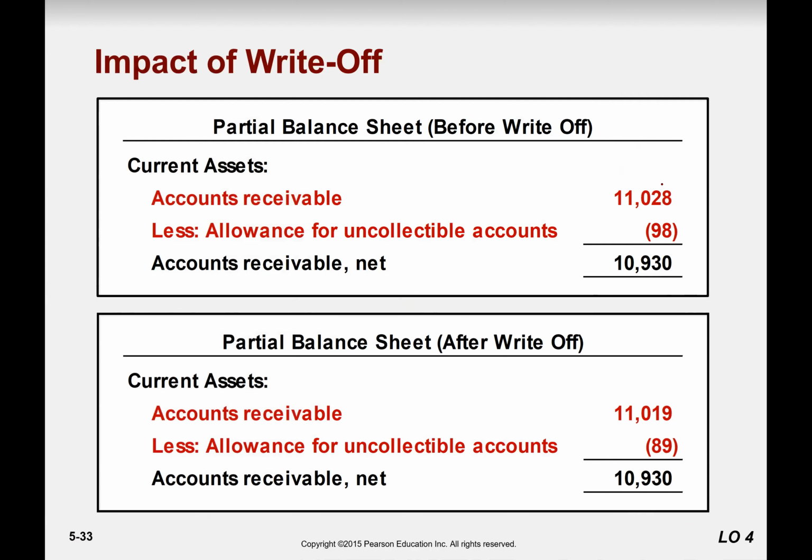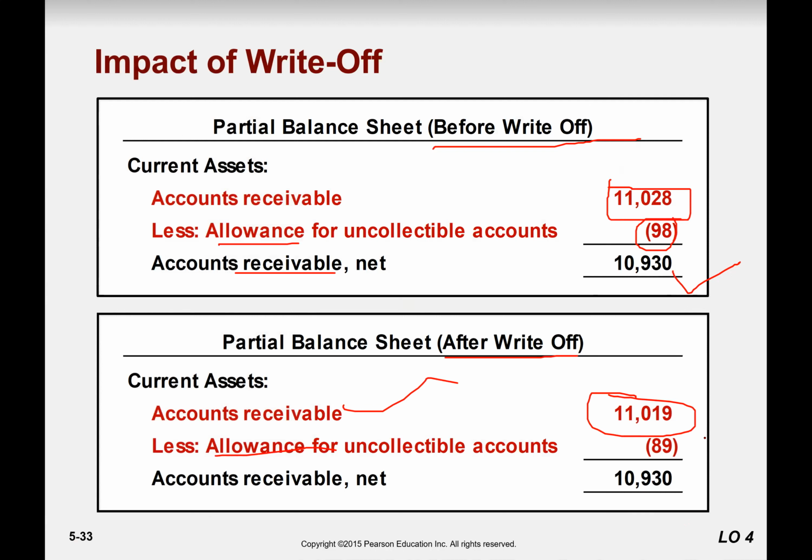So the impact of write-off is that before write-off, our account receivable was 11,828. And after the allowance, total value was 98. Our net value of account receivable is $10,930 million. When the actual expense happened, our account receivable decreased to 11,019.